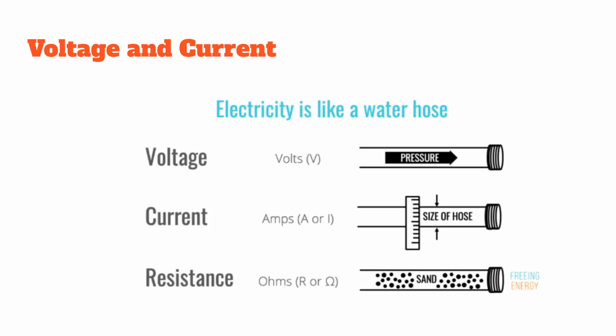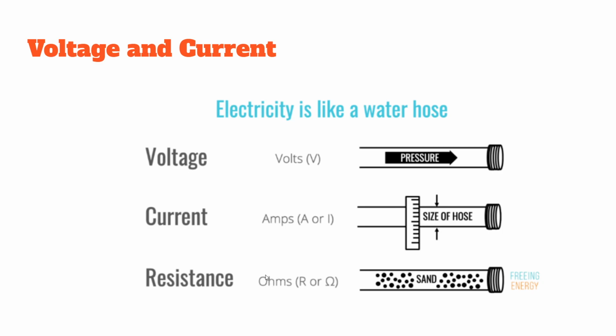A lot of people like the analogy of electricity as a water hose. I think it's a pretty good one. Voltage would be the pressure that is forcing water to be flown through a hose, or in the case of electricity, it'd be a wire. Current is kind of the size of the hose. The size of the hose determines how much water can flow through at any given time.